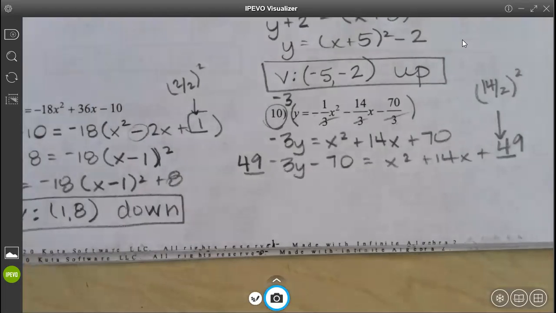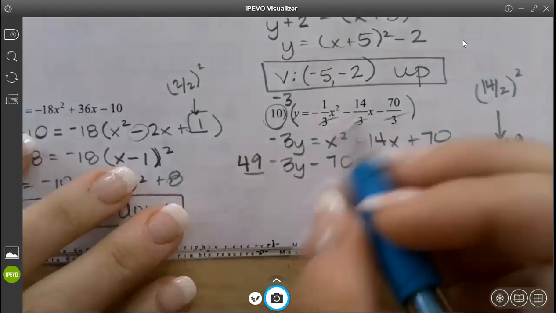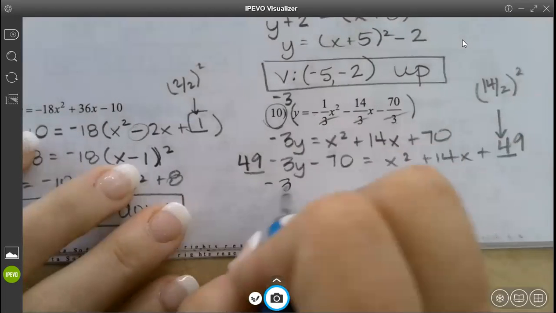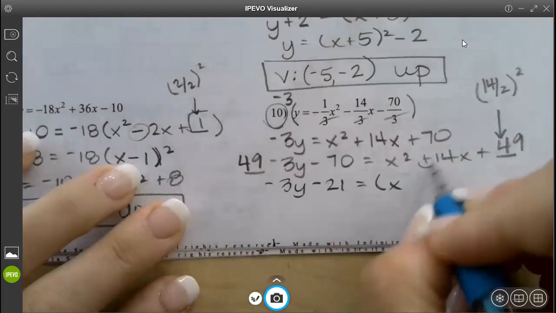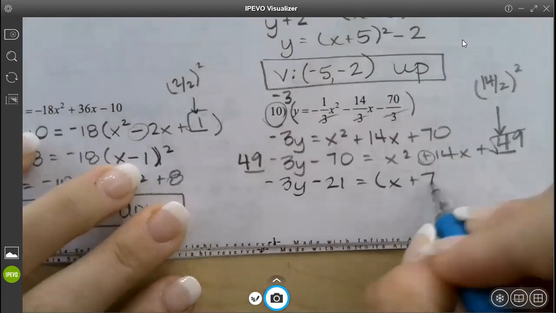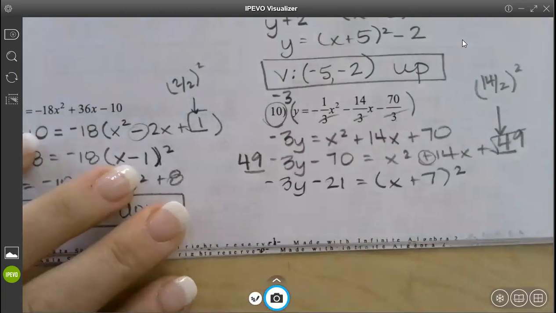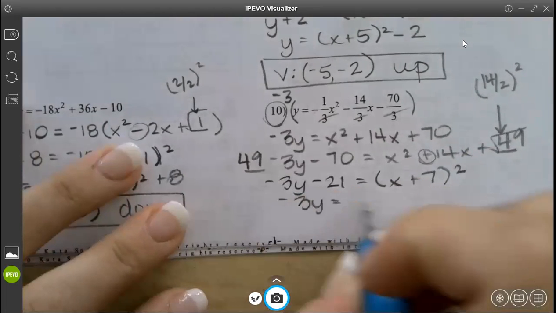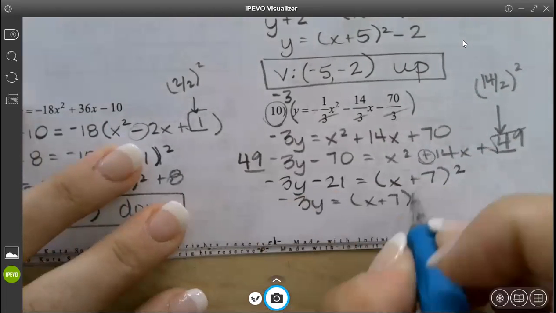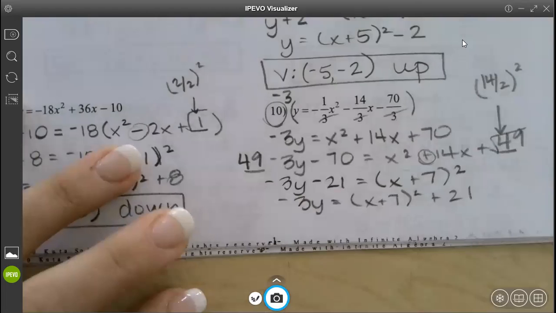All right, 49 minus 70 is -21, so we get -3y minus 21 equals, rewrite x plus 7 squared. Move your 21, -3y equals x plus 7 squared plus 21.